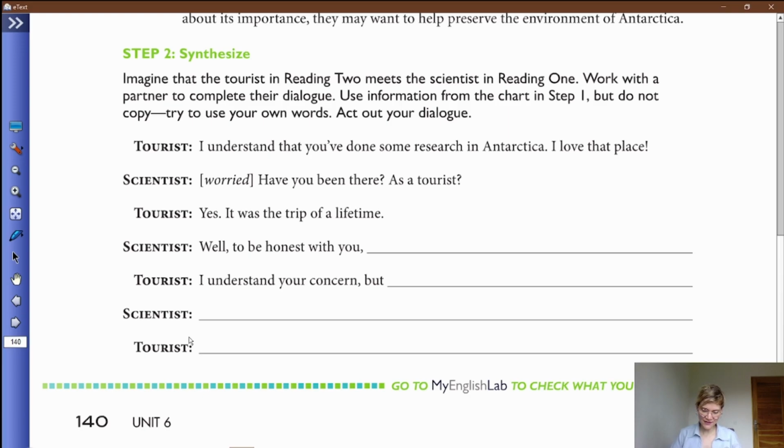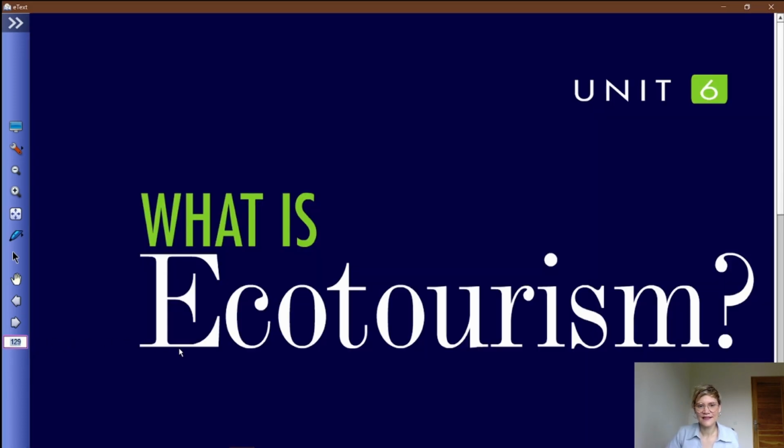That brings us to the end of our lesson. So what is it we did today? In reading 2, we went over the bold-faced words by reading the context of the text and understanding the words in context.